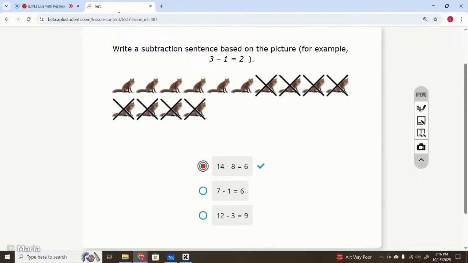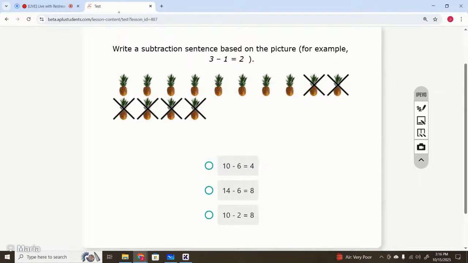That is 14 take away 8 is 6. Option number 1 is the correct option.